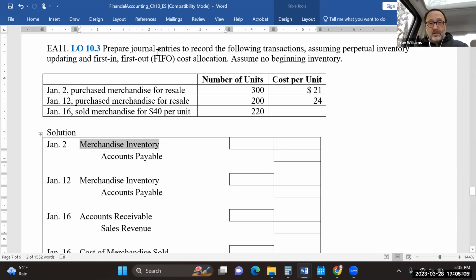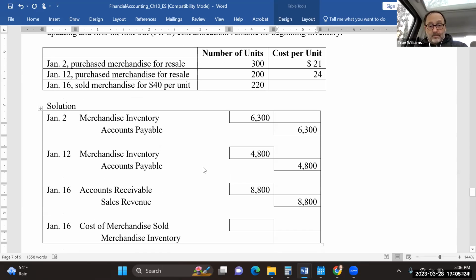First in, first out. So we would use the cost from the first lot, $21 per unit, and there are 220 units. So 4,620.